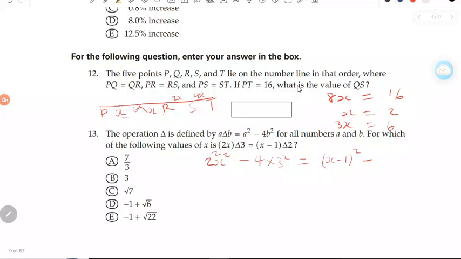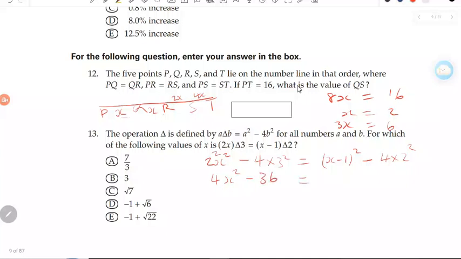Minus 4 times 2 squared. Can we work out this fast? This is 4S squared minus 3 squared times 4. 3 squared times 4. 9 times 4.